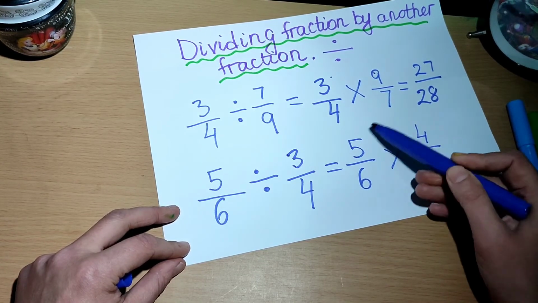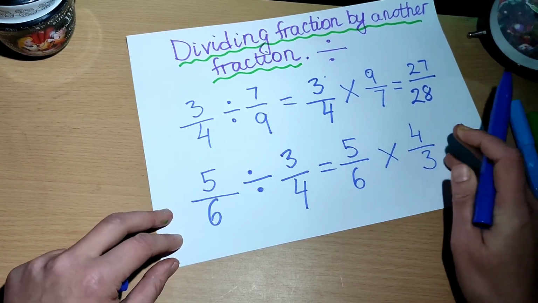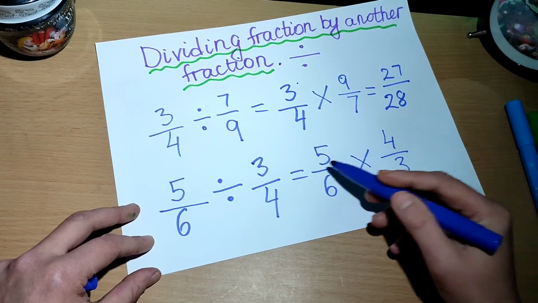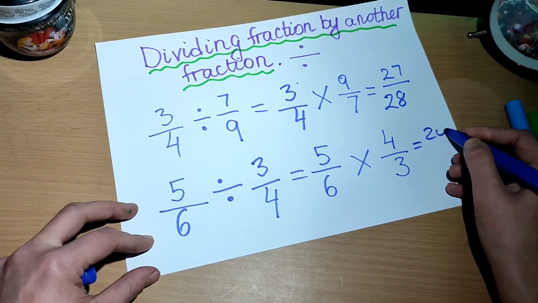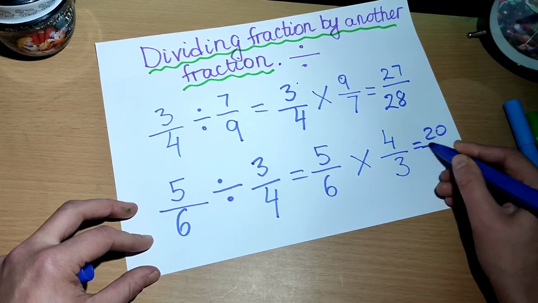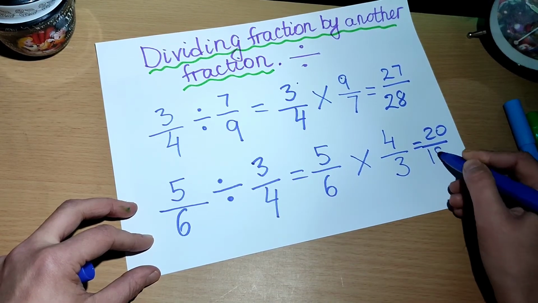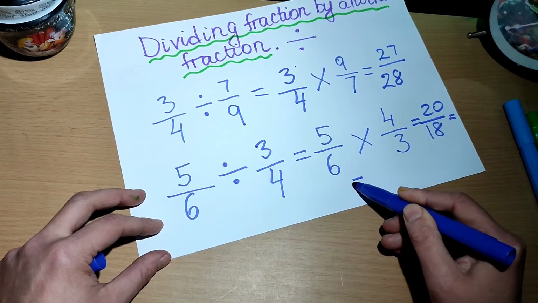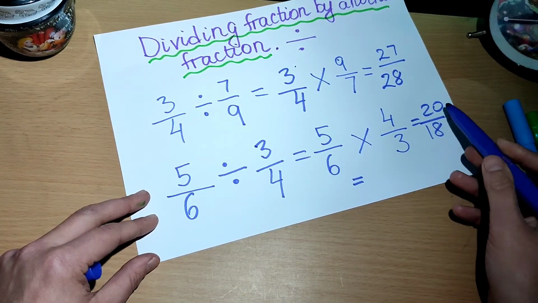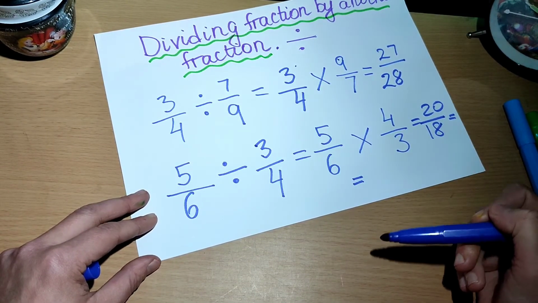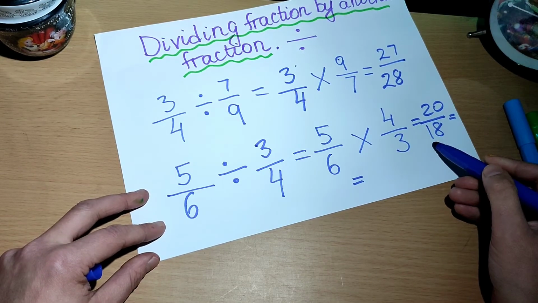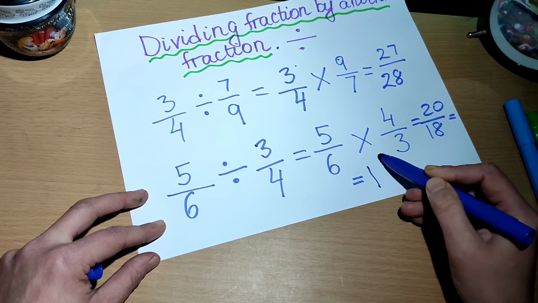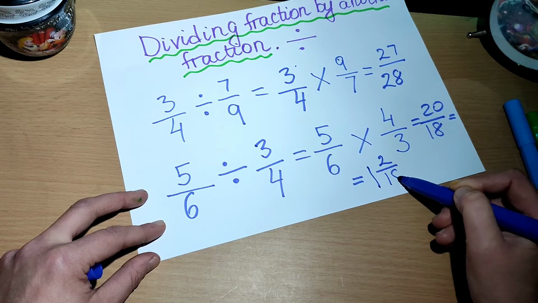We're multiplying the tops times the tops. 5 times 4 is 20. And we're multiplying the bottoms. 6 times 3 is 18. And it's an improper fraction, a top-heavy fraction. Let's turn it into a mixed number. How many 18s in 20? 1, 2 left over.